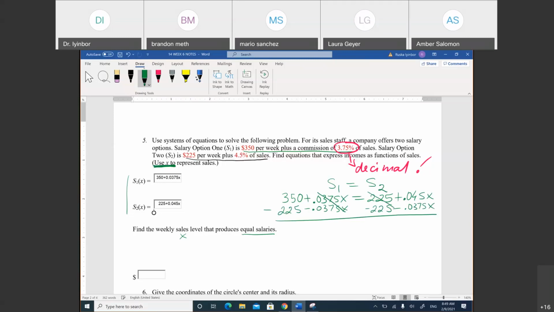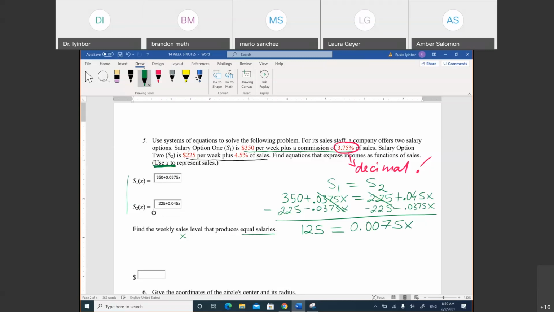So what is left? 350 minus 225 is 125. 0.045 minus 0.0375 is 0.0075.